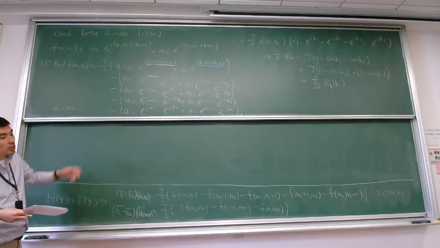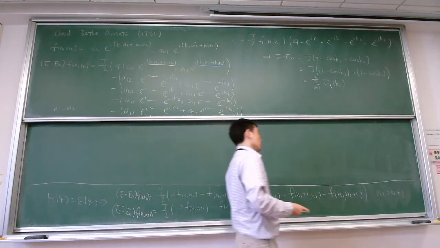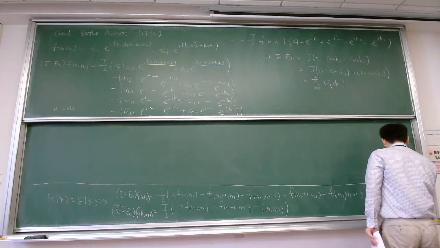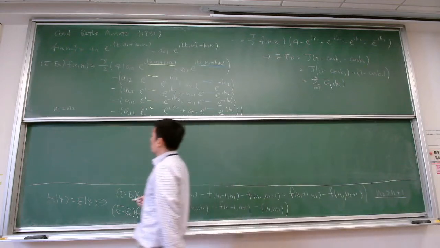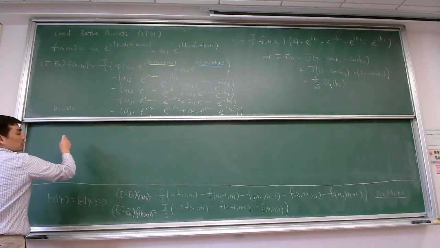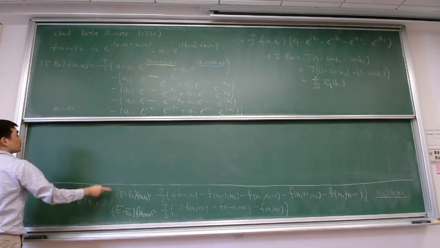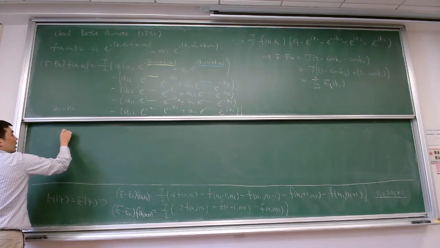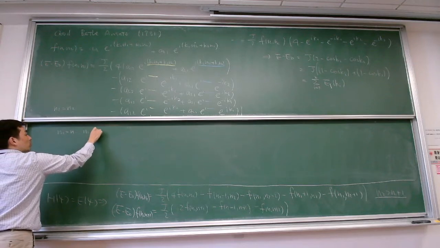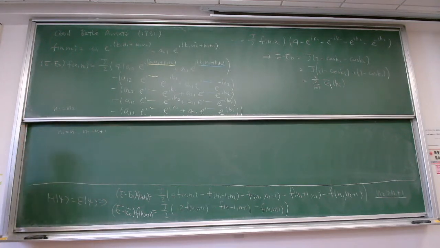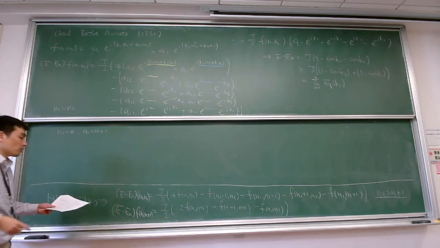Abusing this condition, we just assume n2 is equal to n1 plus 1. Okay, so abusing this condition, we can just use this first equation when n1 is equal to n and n2 is equal to n. Let's do some experiment by plugging into the first equation.